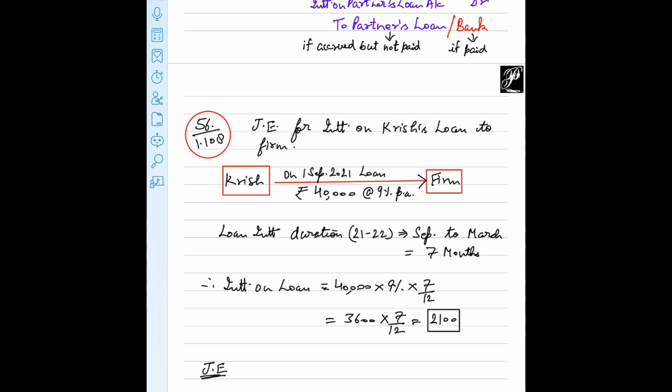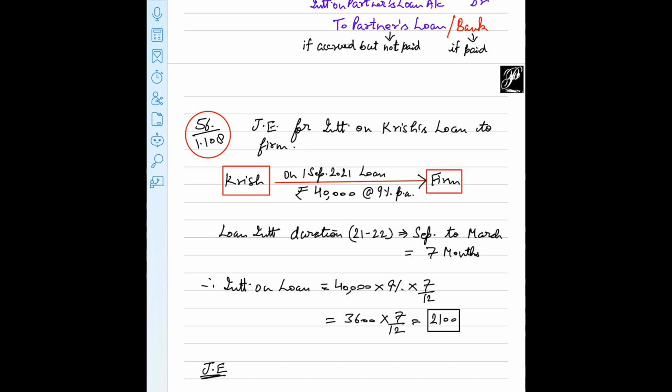Question doesn't say that it has been paid. Rather, it says providing interest on loan. Providing means you are allowing, you are not paying. So we shall not be crediting bank. Rather, we shall be crediting partner's loan, because the interest is accrued but not paid.